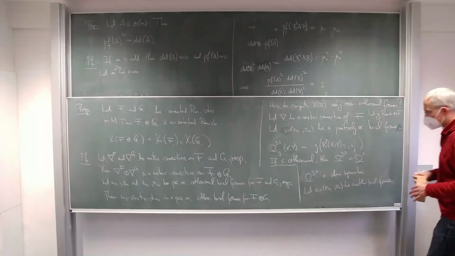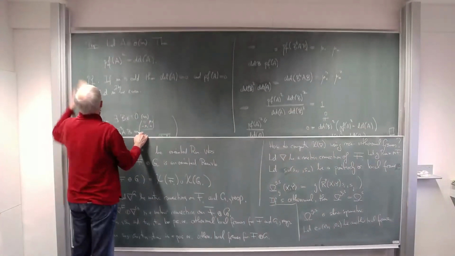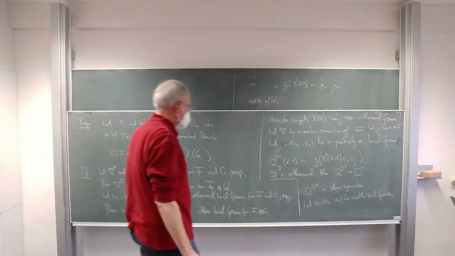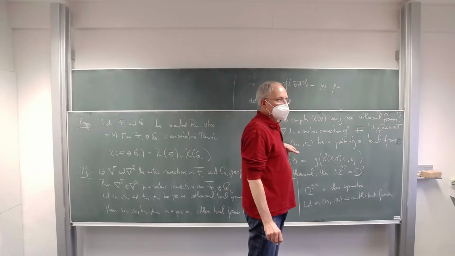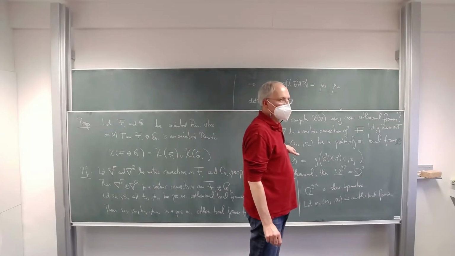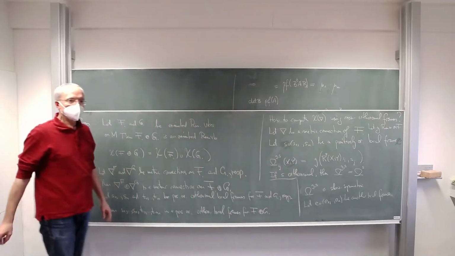And now I want to check how these metric curvature matrices transform. It's only Lie algebra valued if your section is in the right category, which in this case means it has to be orthonormal. Otherwise it's not.